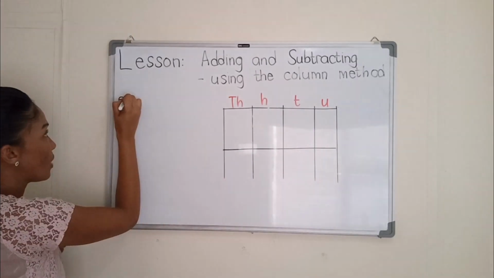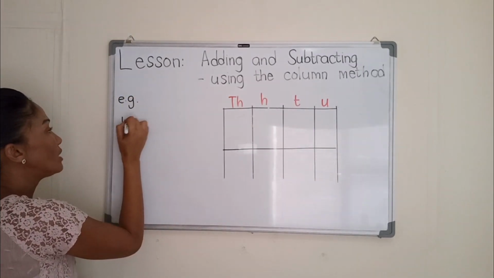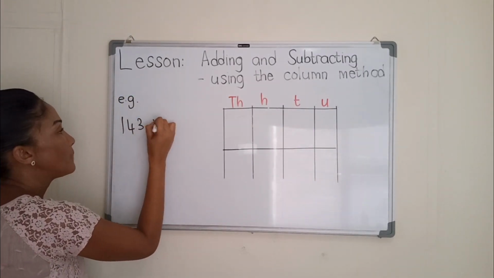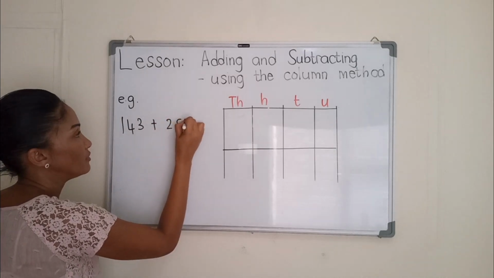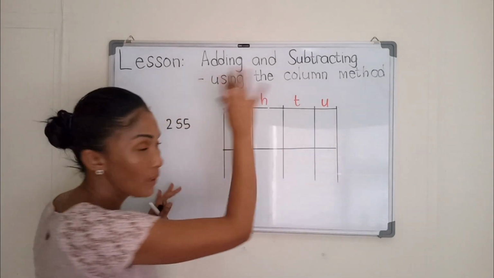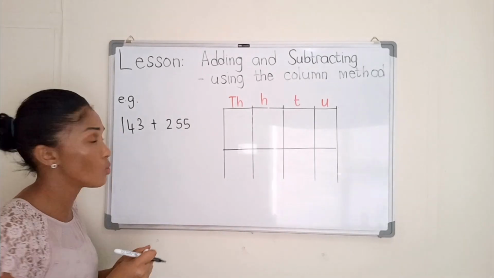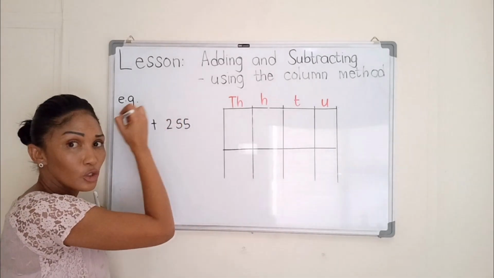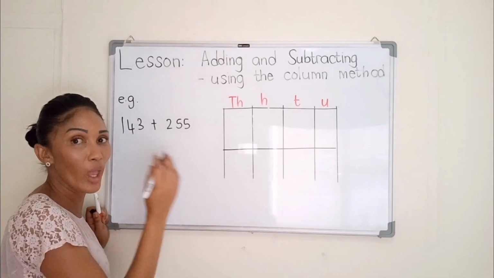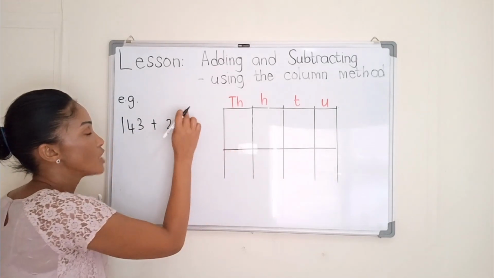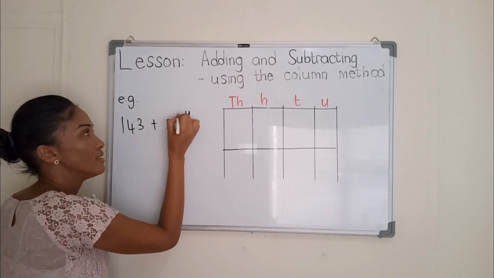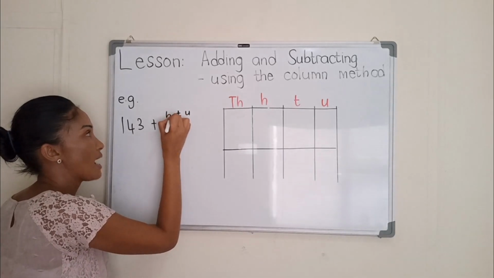So in example number 1, 143 plus 255. So I'm going to place it in the correct column. Another way, don't forget, also what I said was, you can on top of your digits write down which one goes. So by the 5, this is units, that's tens, this is my hundreds.